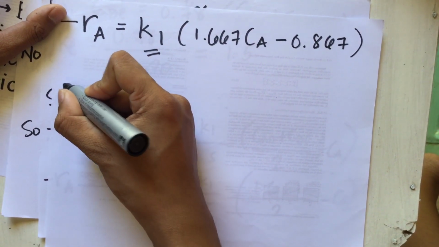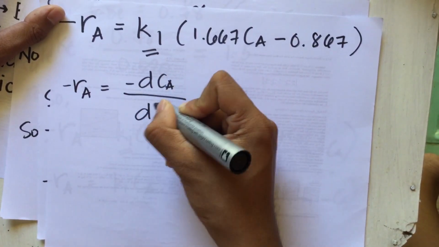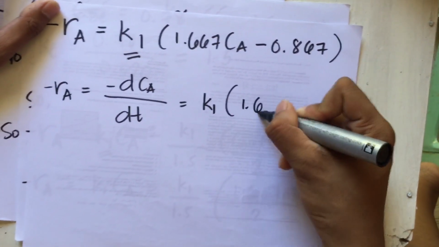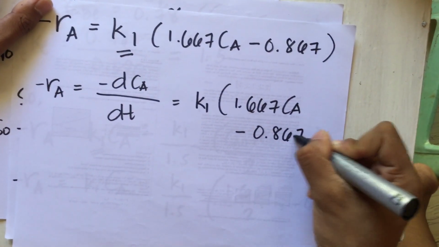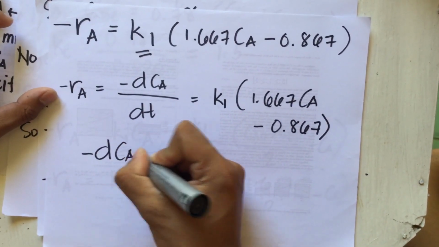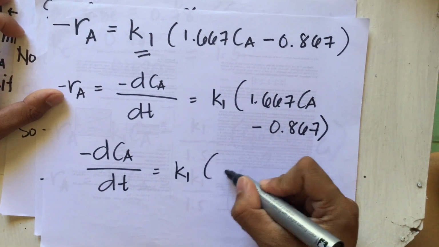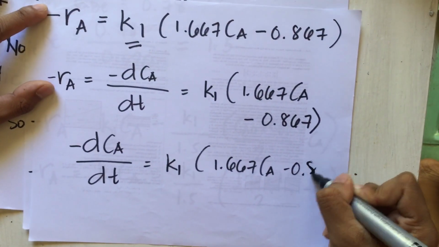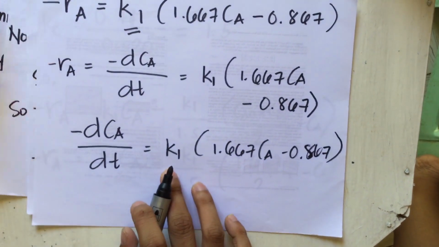So we have negative RA, negative dCA over dt, is equal to K1 times 1.667 CA minus 0.867. So we will transpose and combine like terms.